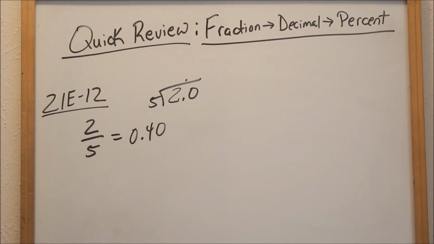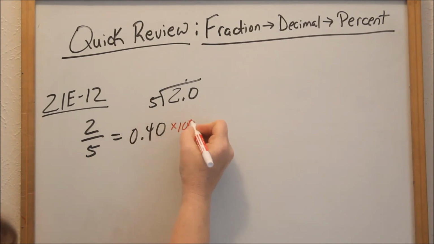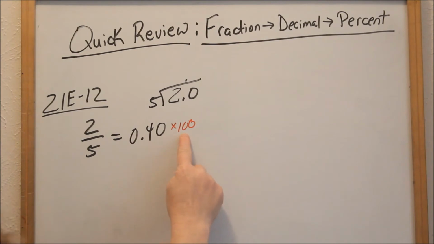Now we want to turn it into a percent. Anytime you go from a decimal to a percent, you multiply by 100. Why? Because any percent is always out of 100. The highest grade you can have on a test is 100%, plus if you have extra credit.